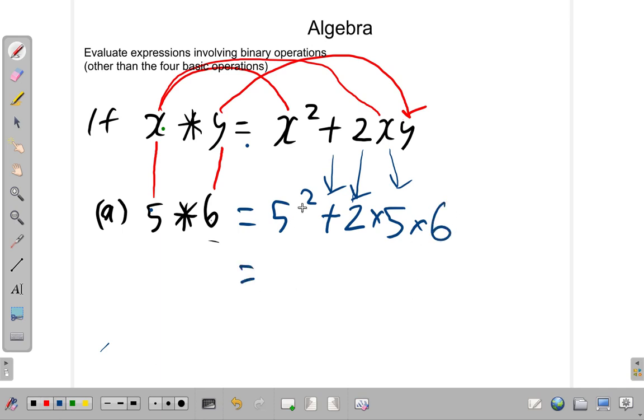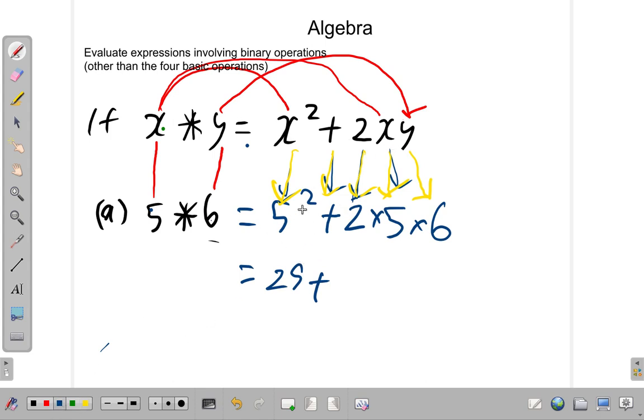So work this out now. 5 squared is 25. So remember, this was this. You bring down the x squared part, the plus sign, the 2, the x, and the y. So you follow the same pattern as what happens up here.